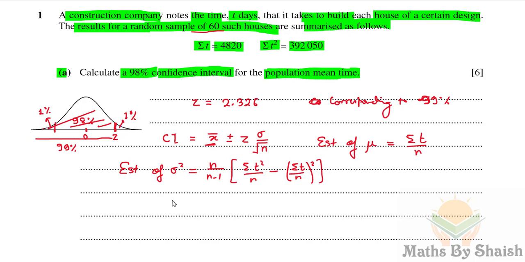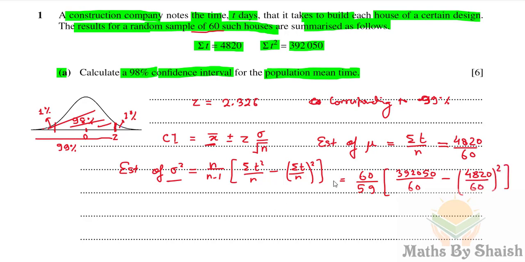That is the unbiased estimate for variance, and this is the unbiased estimate for the population mean, and hence it is going to be 4820 over 60, and here it is going to be 60 over 59 times 392050 over 60 minus this value 4820 over 60 whole square.